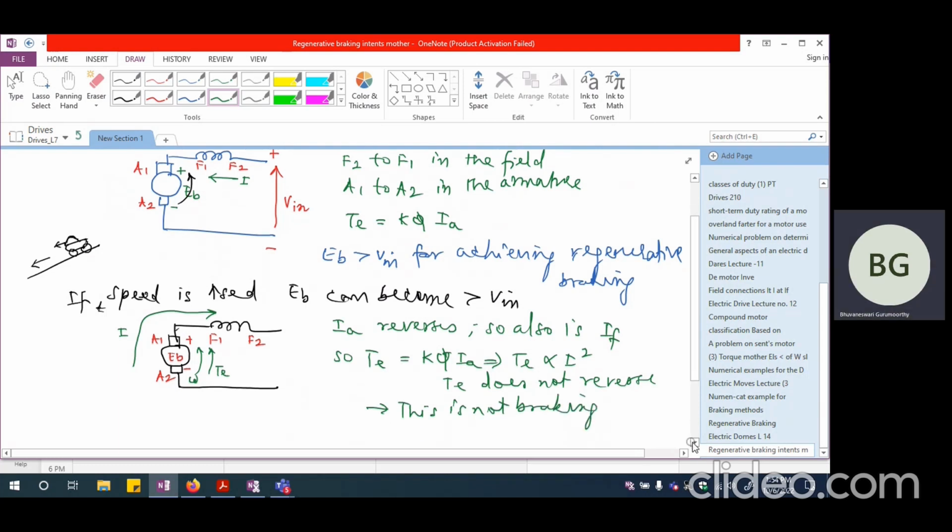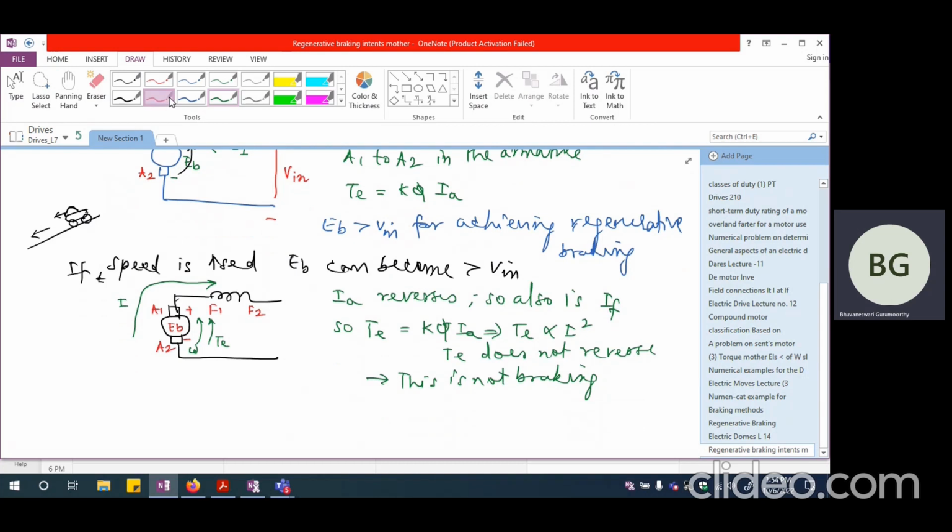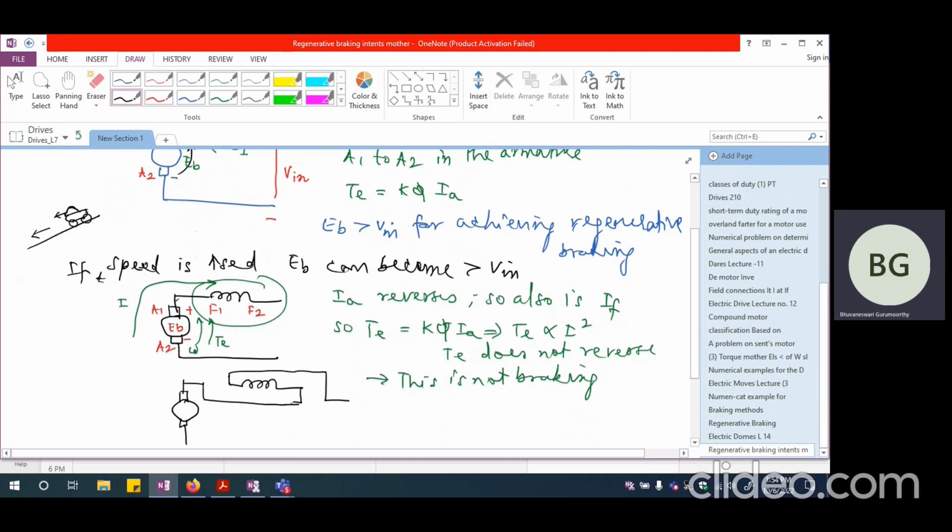So if at all I want to incorporate regenerative braking, then what I need to do is to reverse at least the field. So if this is my armature, I'm going to connect the field in such a manner that this gets connected here and this gets connected here.